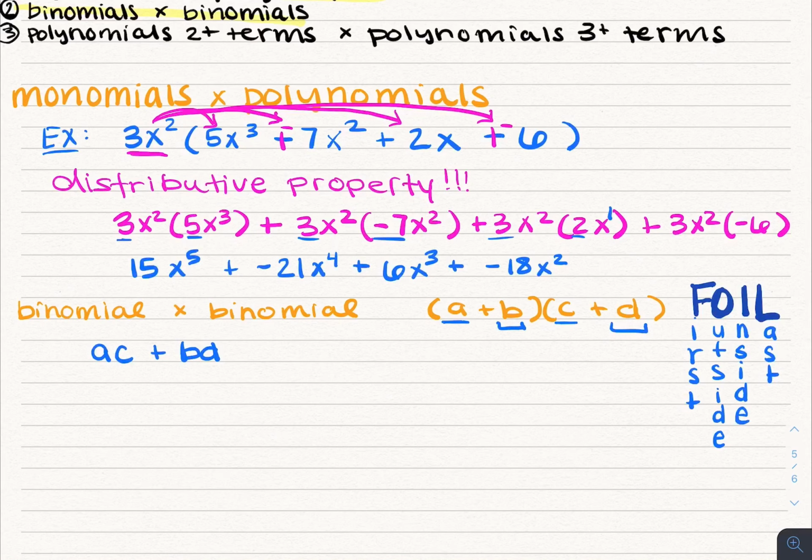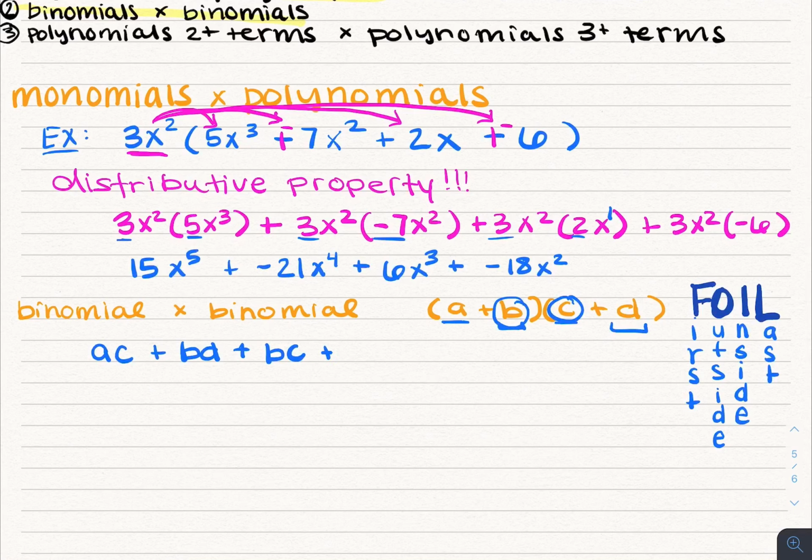So now we have to multiply the inside. So what's our inside? Right, B and C. Because when we put our binomials together, we kind of created 4 different columns, and the 2 inside columns are B and C. And then, so what's our outside?